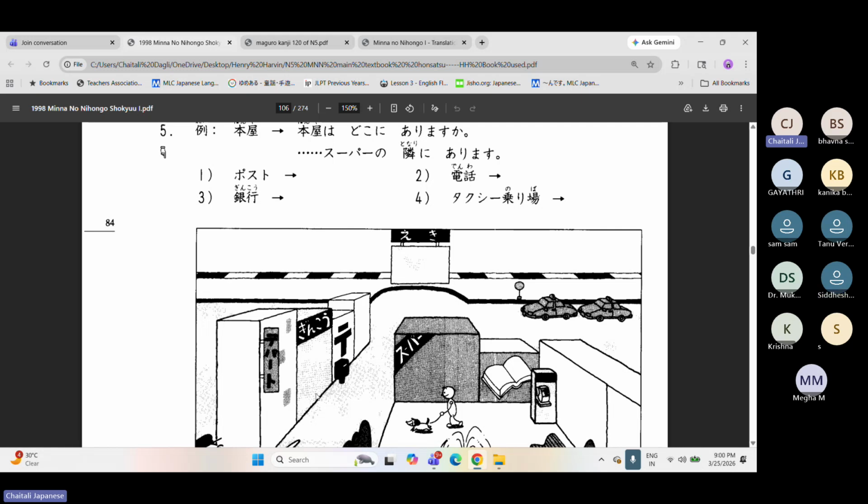Departo no posuto no aida ni arimasu. In between the departmental store and the post office. Okay.